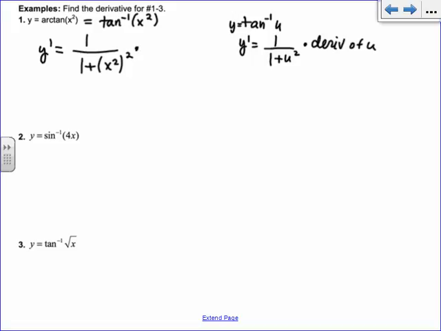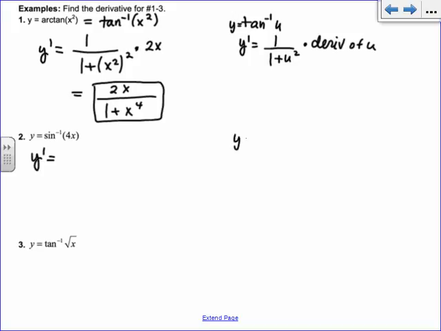So what do I need to multiply by? 2x, exactly. So your answer is going to be 2x over 1 plus x to the fourth. The chain rule. Because it's not like inverse tangent of x, it's inverse tangent of x squared. Right, exactly. All right, so next one.